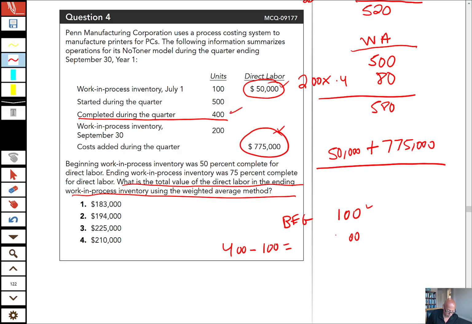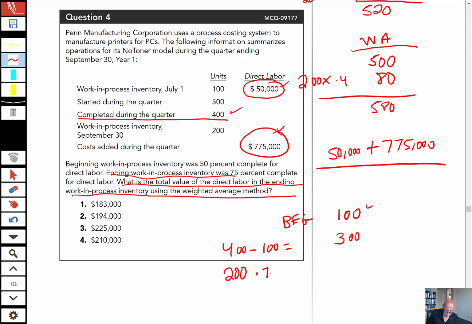But if they give you the units that were completed during the period, you could have just picked up that 400, and then I have this 200 units work in process, and they tell me that the ending work in process was 75% complete.